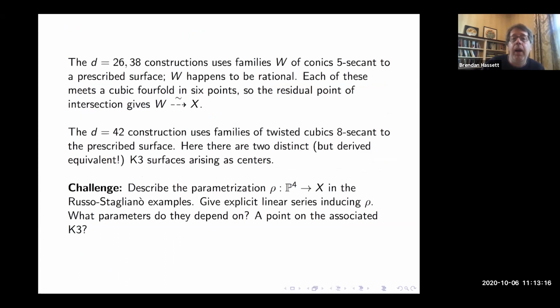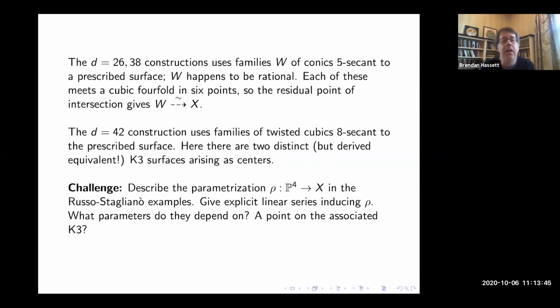The constructions that Russo and Staglianò do involve looking at, well, if you remember the construction that I gave for the quartic surface, we looked at the secant lines to the quartic surface, and we showed that those secant lines were indexed by a rational variety, and we used that correspondence to prove rationality through a residuation construction.